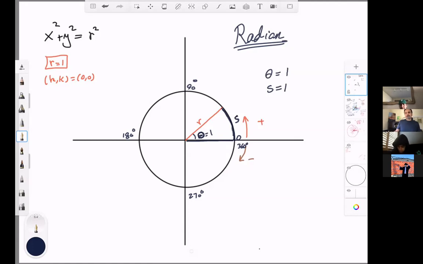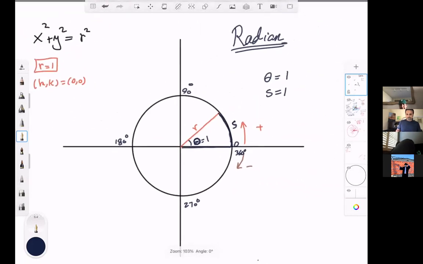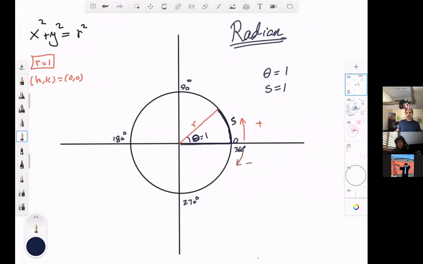How do we find the circumference of the circle? What's the formula for area and circumference? Area was pi r squared. Circumference was 2 pi r, correct? This pi is 3.14, good.